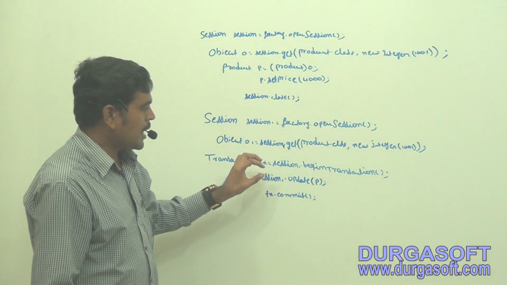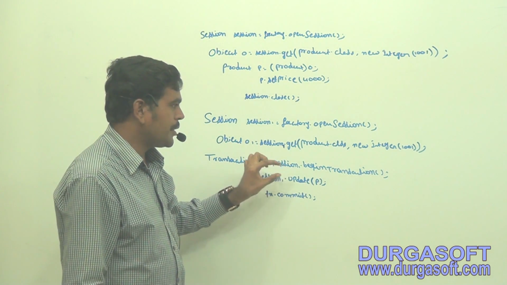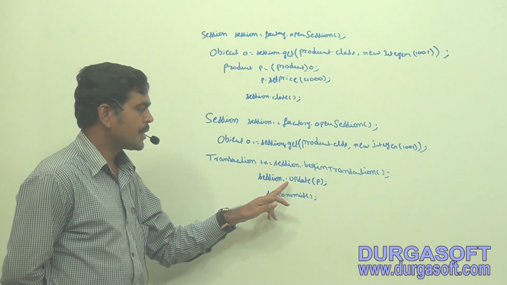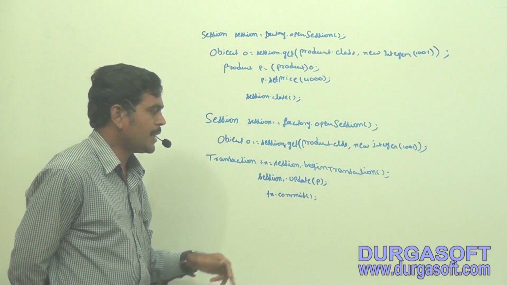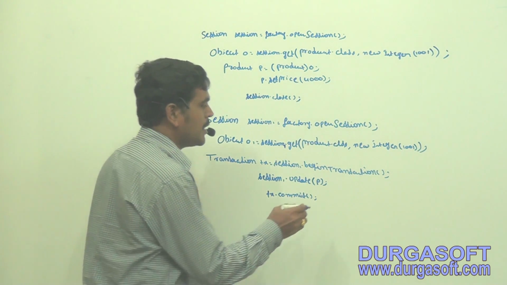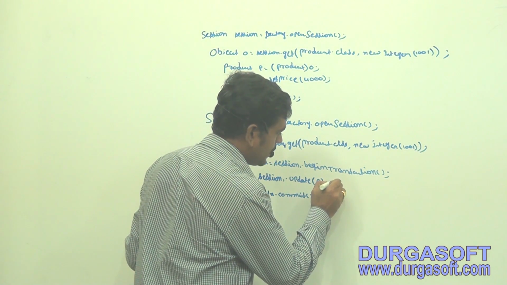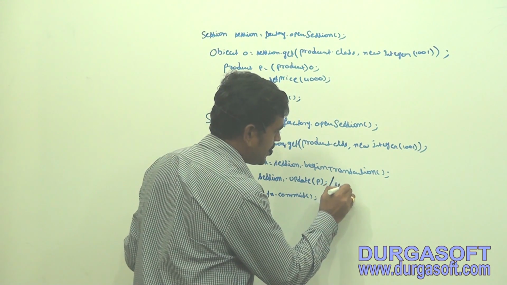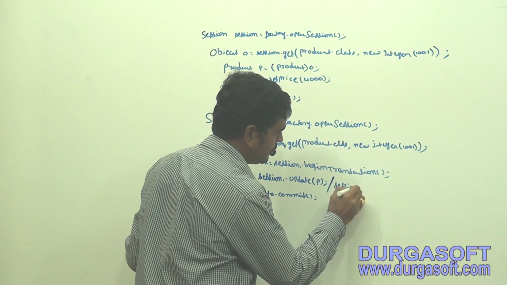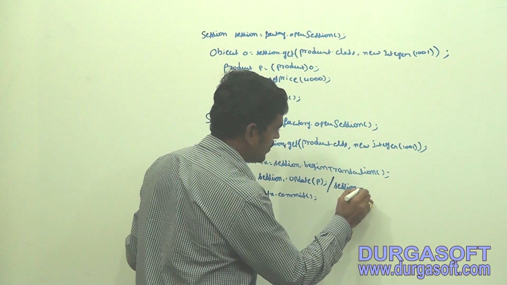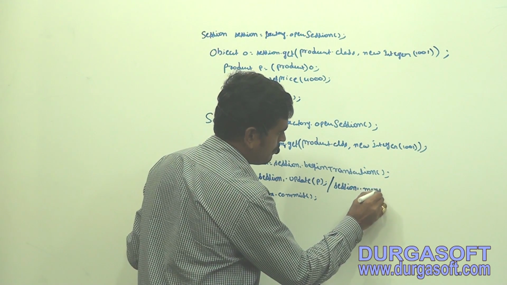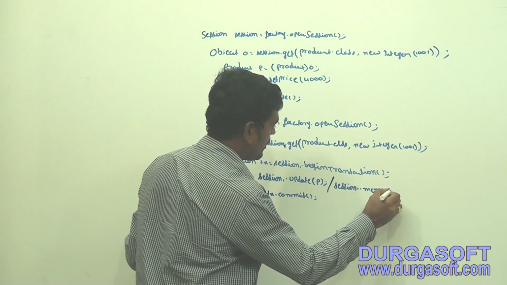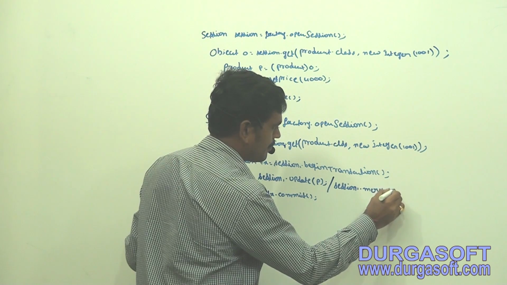Whenever we are using the update method here, we are going to get an exception, whereas instead of the update method, whenever we are using the merge method here, session1 dot merge, now we can use p.